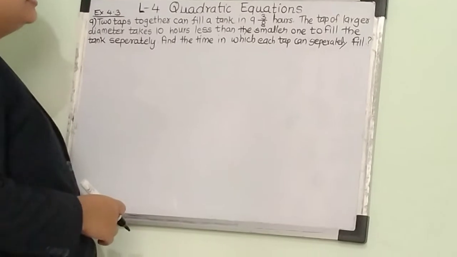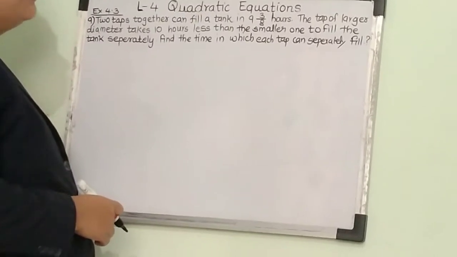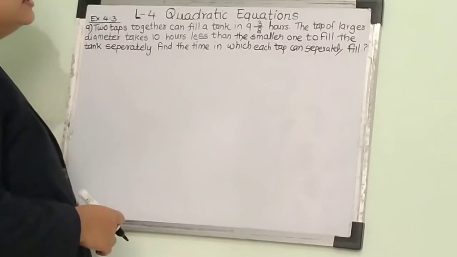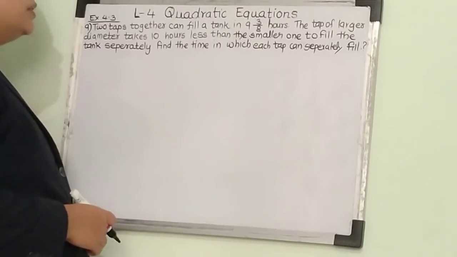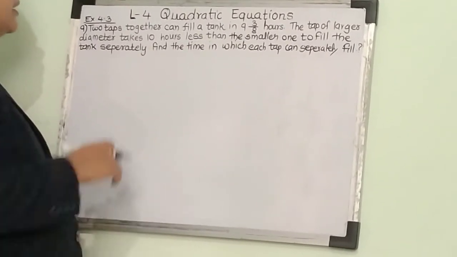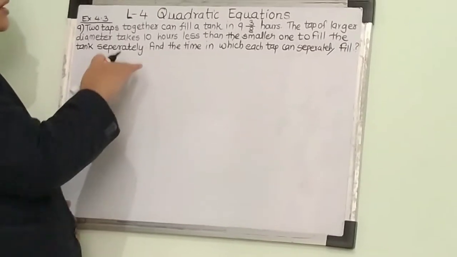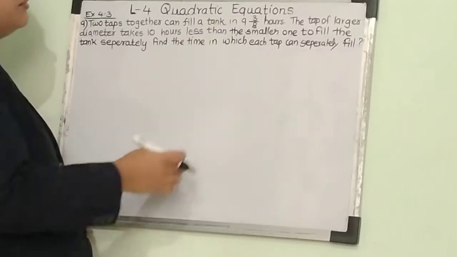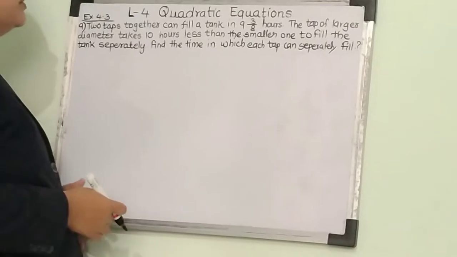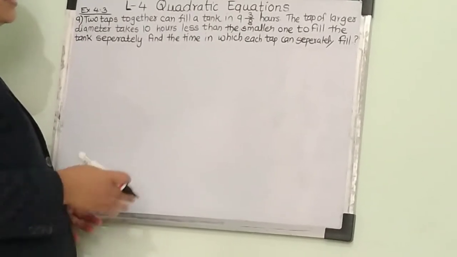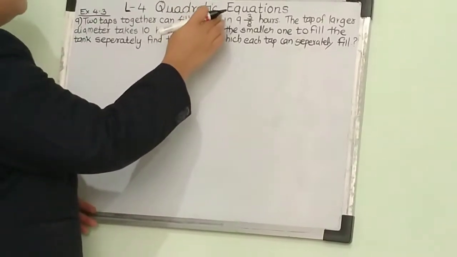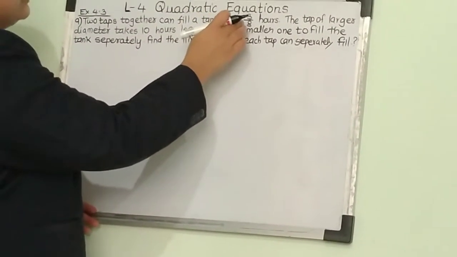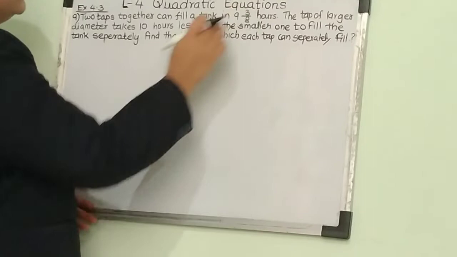Find the time in which each tap can separately fill the tank. Now here what is given? From this we can see that the two taps and the timing is given when they are going to fill the tank together. The tank will be full in 9 whole and 3/8 hours.